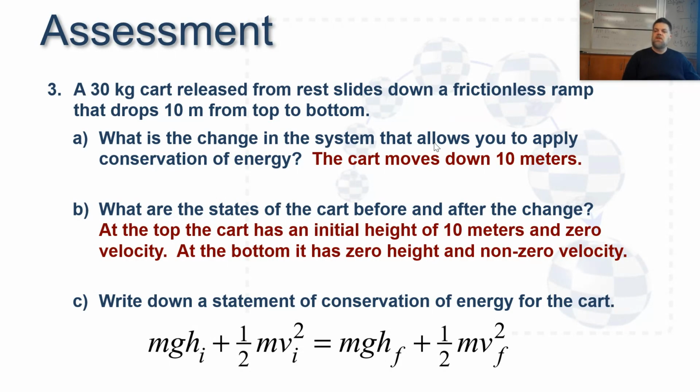From rest means it has an initial velocity of 0, or if it says brought to rest, it means that it's the final velocity and it's 0. Rest always means 0 velocity, whether it's the initial or the final. Frictionless just means that we can make things convenient for ourselves and we'll ignore friction.